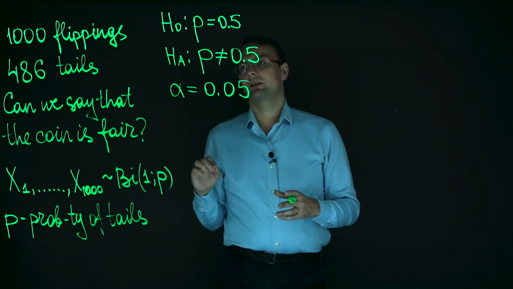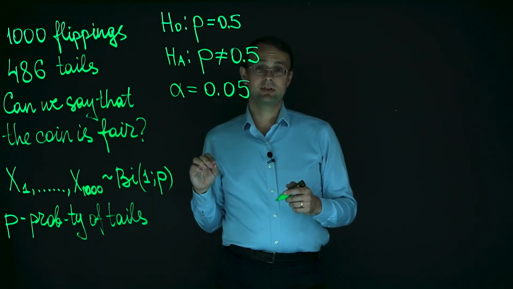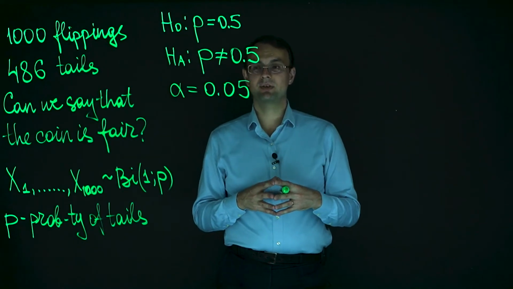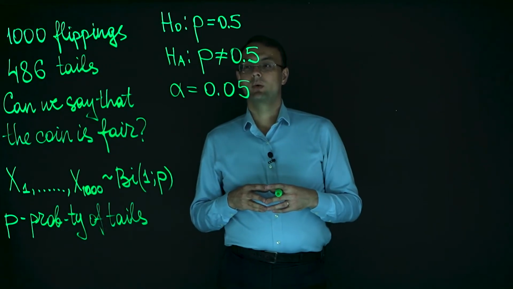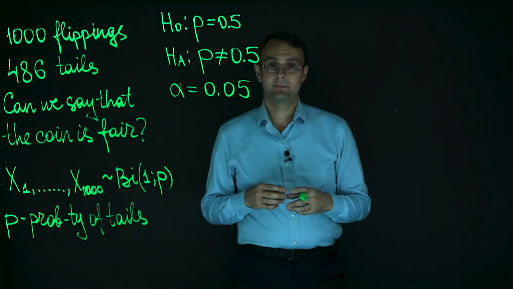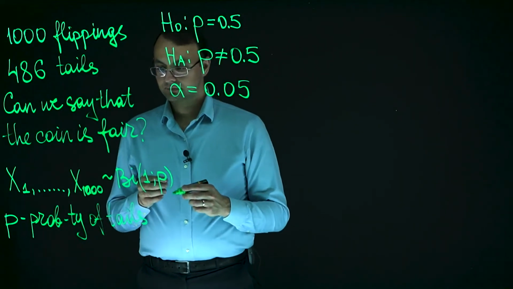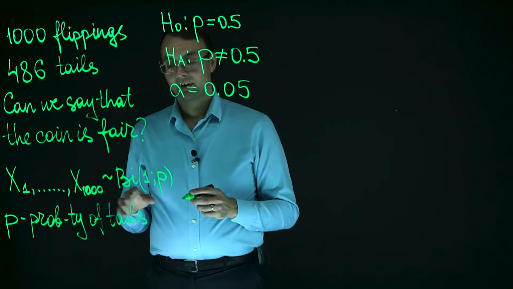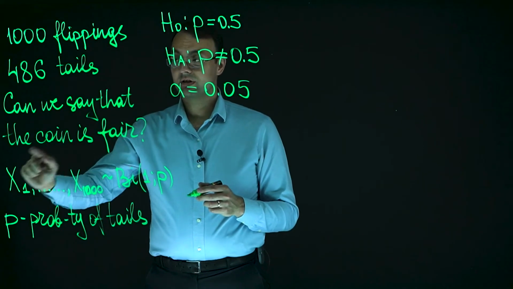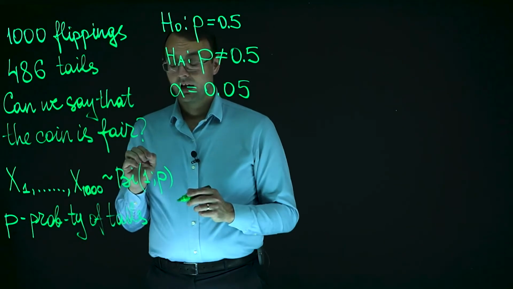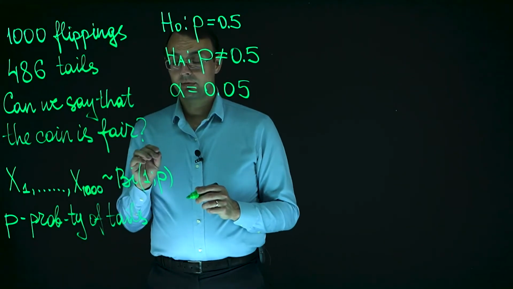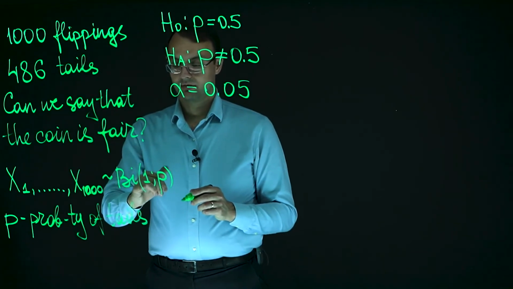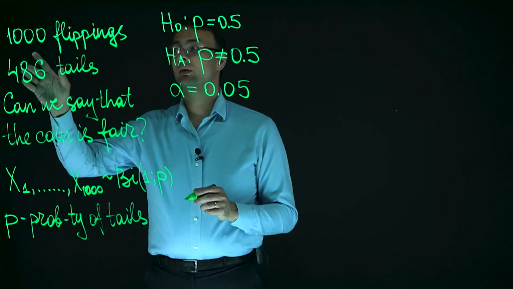So here we can just formulate this kind of proposition ourselves. We know that if our observations are just zeros and ones, then their sum, the total number of successes, total number of tails, is a random variable that is binomially distributed with parameters 1000 and p.